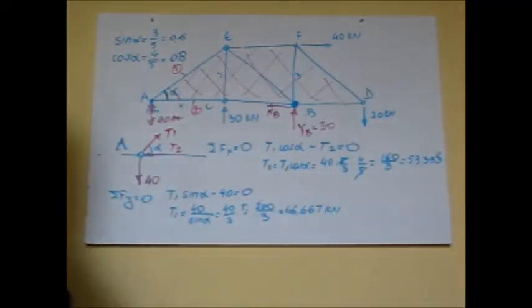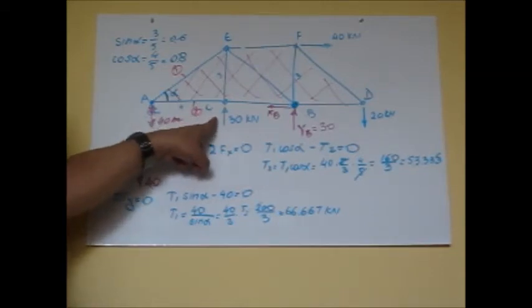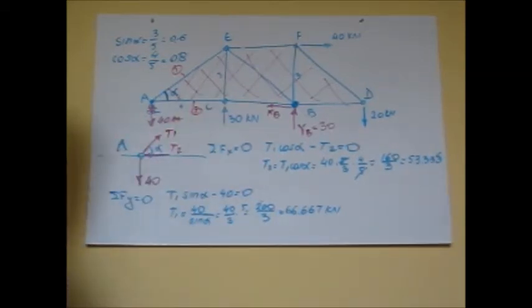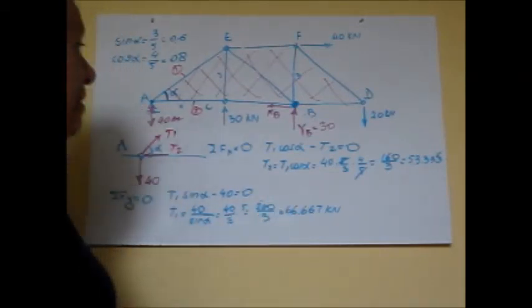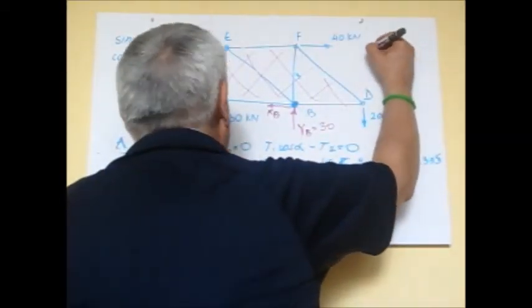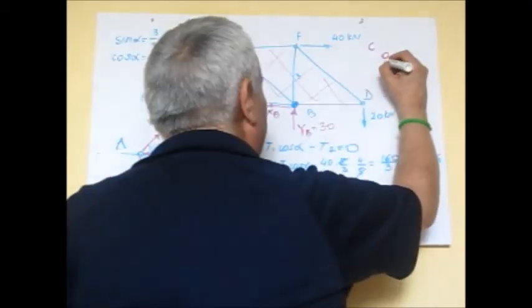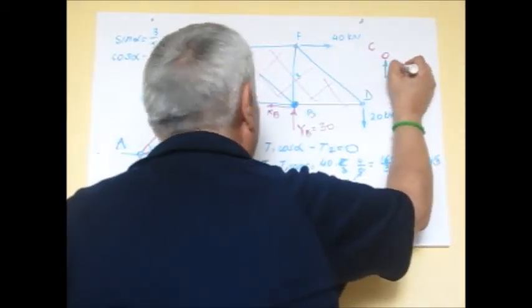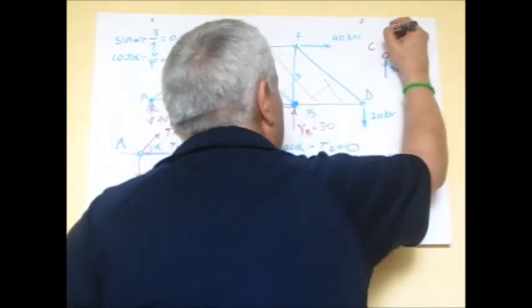That's what I found. Now, when you go to the node C, it's very easy. You know why? I know that I don't like to make a mess on the board, but here I have no choice. I'm going to draw here the point C. I have this force 30, and I have this force unknown T3.